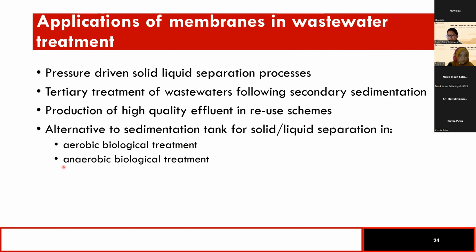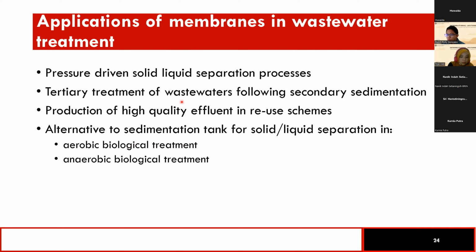can be used for aerobic biological treatment and anaerobic biological treatment. So during my introduction about myself, my master's work was on sewage sludge. Sewage sludge contains several microorganisms which can be used for anaerobic and aerobic biological treatment, which can produce biofuels.